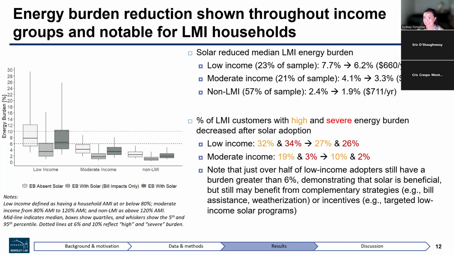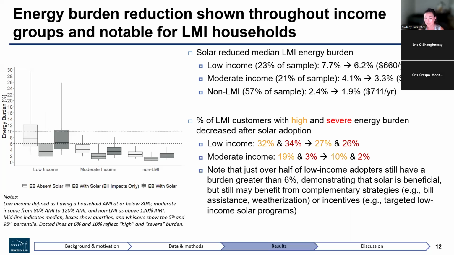Solar is beneficial, and for those where it decreases the burden to a manageable level, it could actually financially help the household. If you have access to friendly capital or third-party ownership, and you're able to pay back the system, it could improve your credit. It could obviously decrease your overall energy burden.